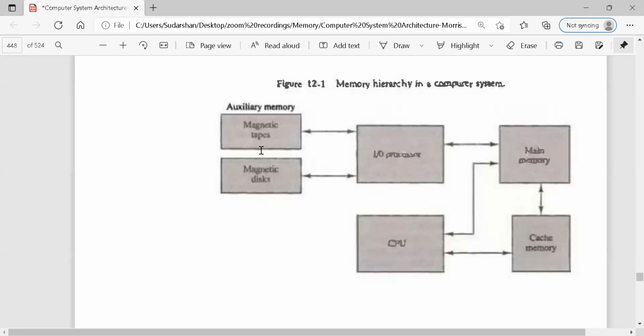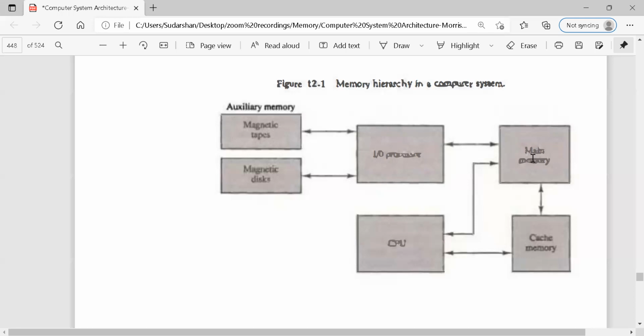And your primary memory is connected with your secondary memory, and IO processor is used as an interface between them. So IO processor is acting as an interface between secondary memory and the primary memory. Its job is to coordinate, control, supervise, and manage all the IO operations.